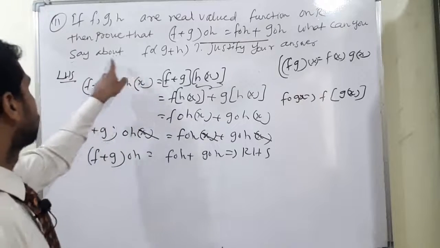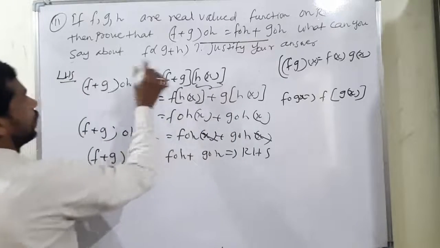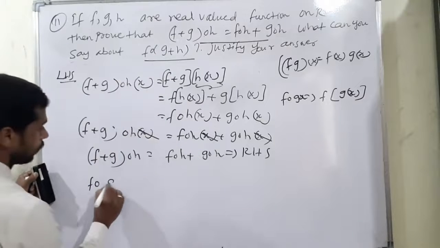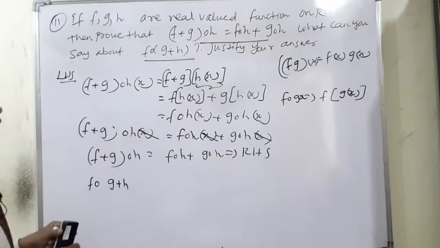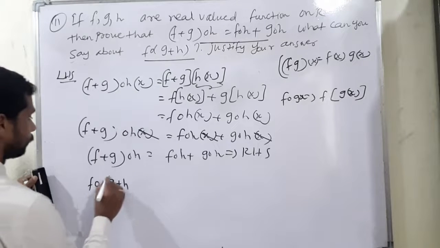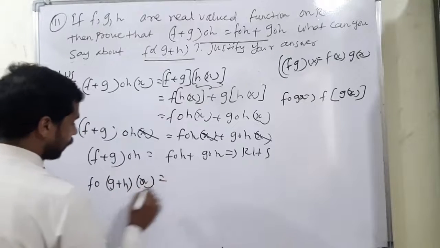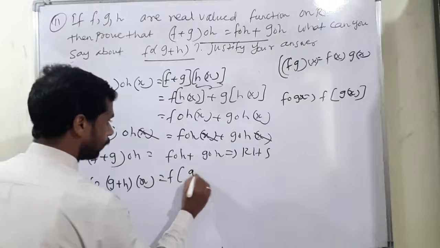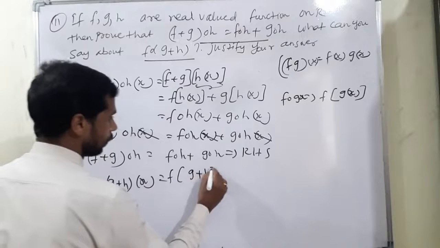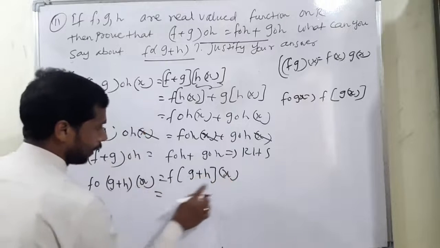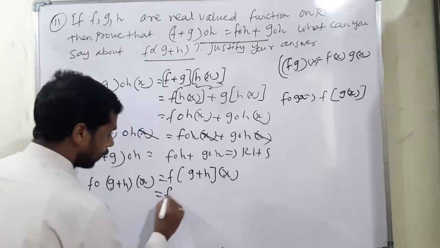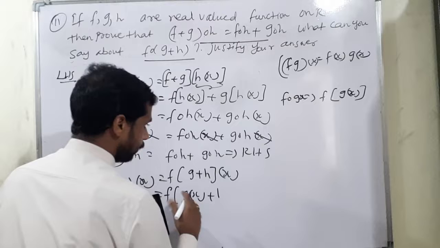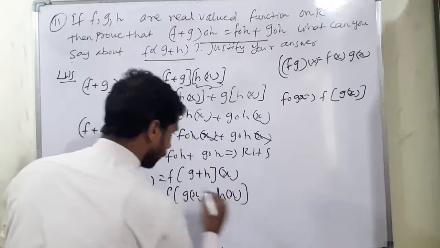Then one more condition is given. What can you say about this value? Okay, what is the term there? f dot (g plus h) is there, isn't it? So f dot (g plus h). Take it outside, and again if you remove the dot, what will happen? f of (g plus h) of x. Again each and every time multiply into x, meaning f of g of x into h of x.